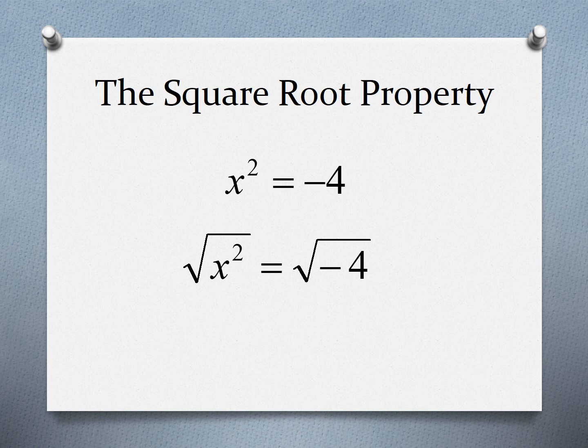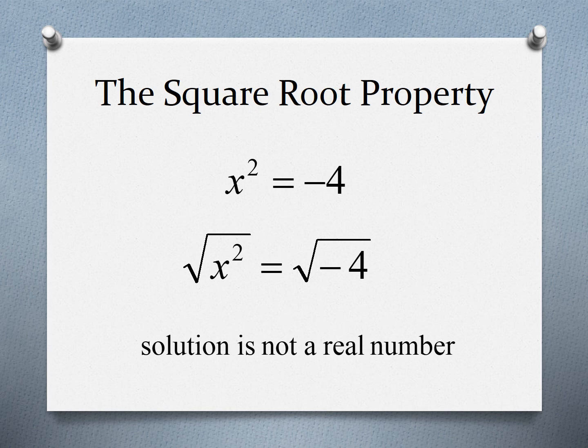Anytime you multiply a negative by a negative, you'll always get a positive. Therefore, there is no real number that will yield negative 4 when you multiply that number by itself. Think carefully. Negative 2 times negative 2 gives us positive 4. So there's no way to get negative 4 when you're multiplying a number by itself.